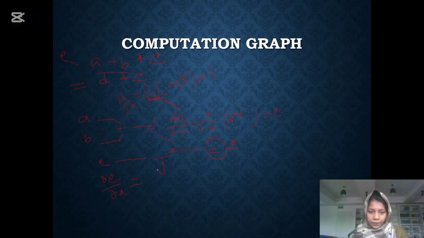So the result is C multiplied by 1, that is C. We need to compute this same rule for the input B and the input C. Here the rule is the same for all.